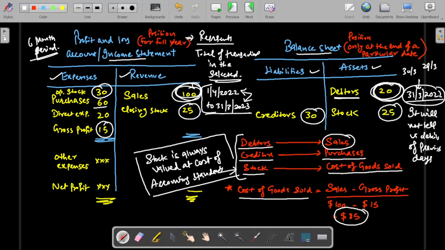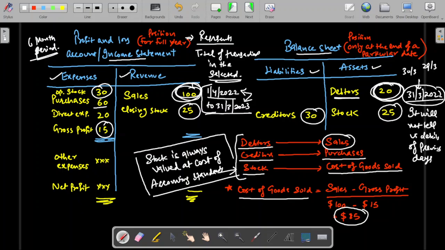Suppose I have prepared the income statement from 1st April 2022 to 31st March 2023, then the transactions of expenses and revenue represent the total of transactions done during this period from 1st April 2022 to 31st March 2023.